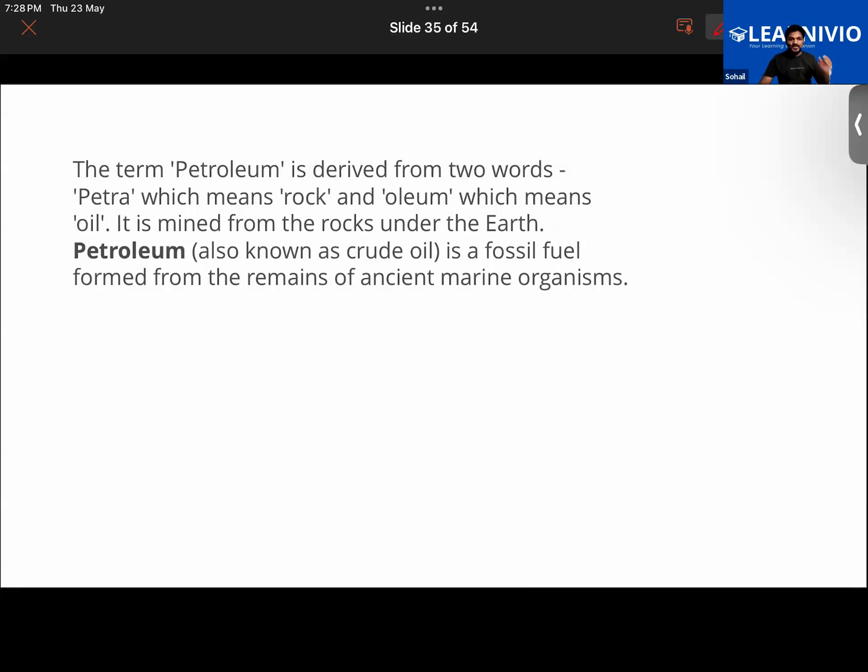Petroleum is obtained from the earth by oil drilling. First of all, the geology of that area will be studied. Once it is confirmed that a good amount of petroleum reserves are there inside it, then via oil drilling, petroleum will be extracted from that land.